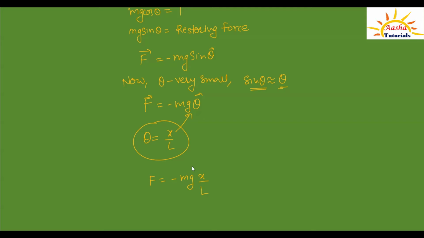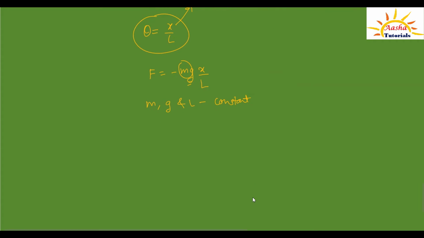And now as for this simple pendulum, m, the mass, the g and L, those are what we have constants. All these are constant. So as these are constants, so I can say F is directly proportional to displacement, and here the sign negative that represents that these two are oppositely directed.